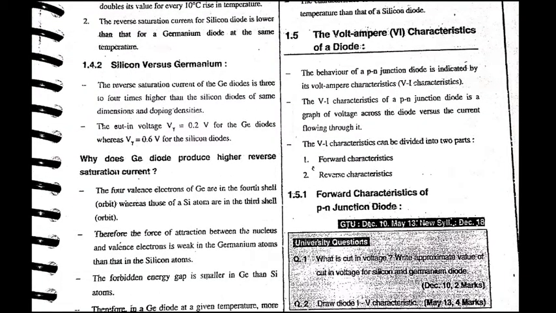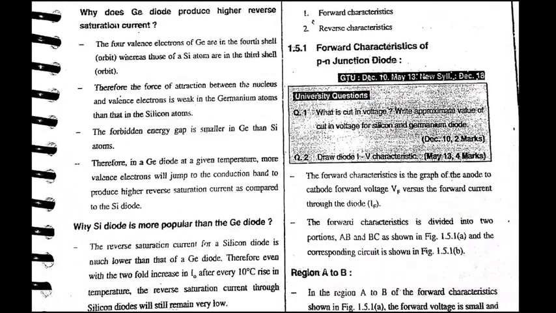Silicon versus germanium, we compare them. We saw that germanium has 3 to 4 times more reverse saturation current as compared to silicon with the same dimensions and doping densities. Why does germanium have higher current? Because in germanium the valence electron is in the fourth shell, while in silicon it's in the third shell.